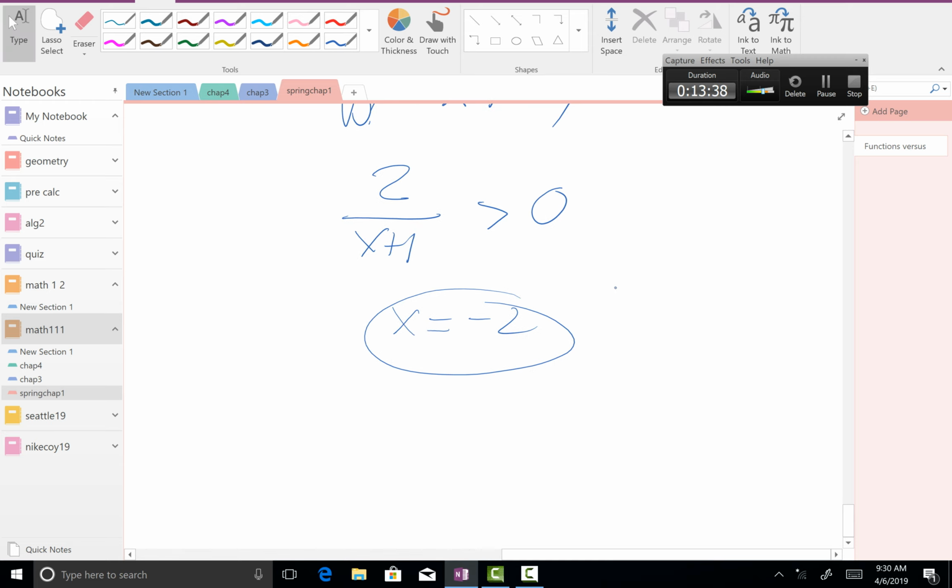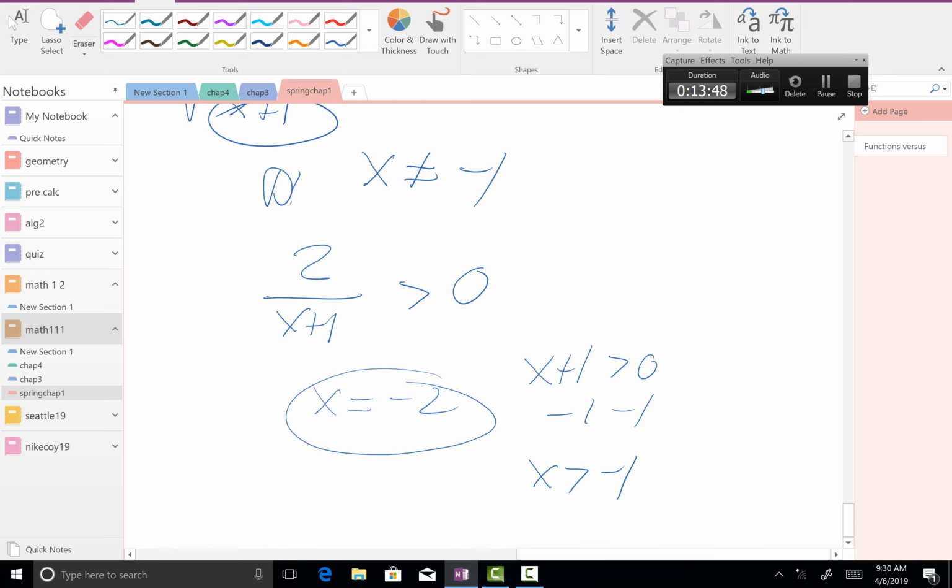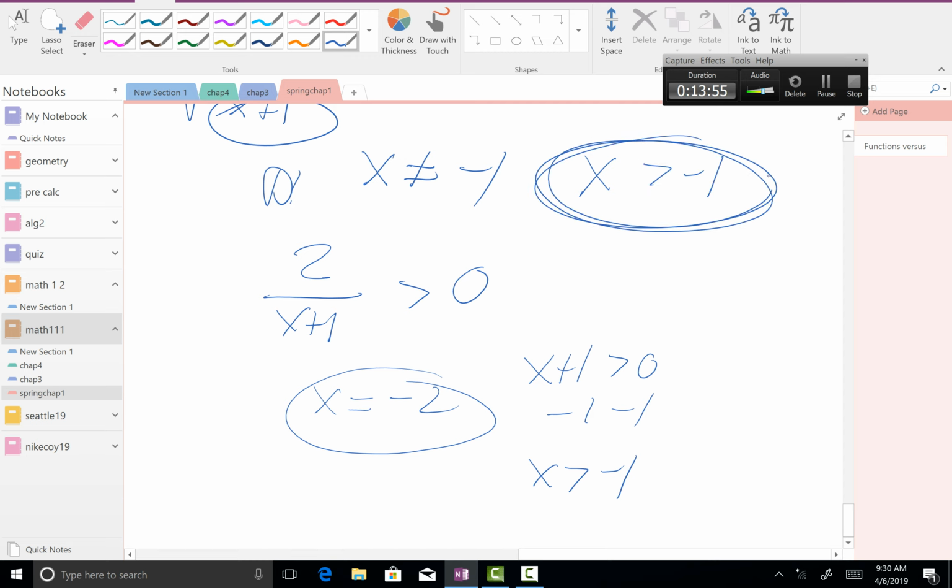So I have to make sure this is always positive, so x better be greater than negative 1. We already said it can't be equal to it. Now we're saying it's got to be greater than negative 1, and we're okay with that because we're not saying that it's equal to it. We're saying it's got to be greater than it. So this would be our final.